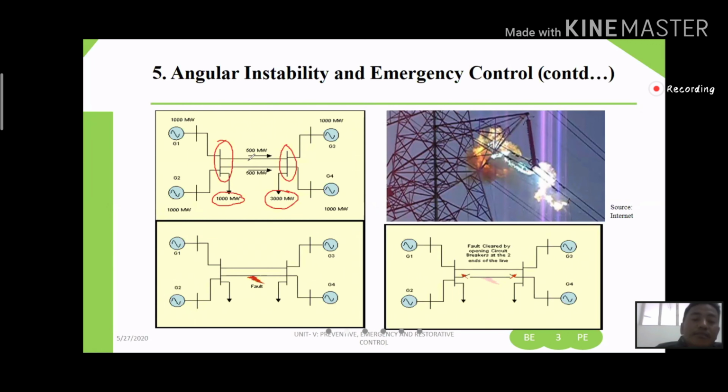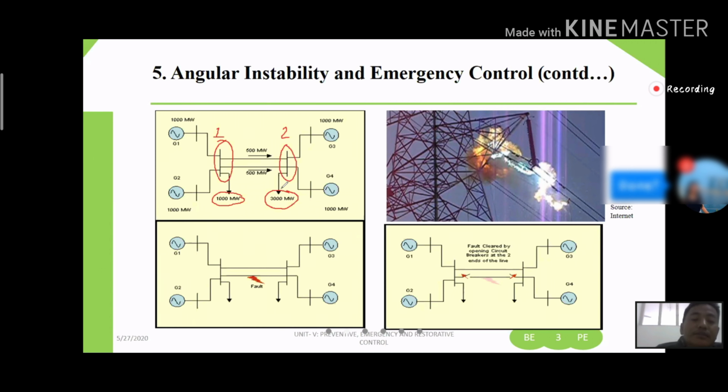Here I have not given bus names, but you can call them bus 1 and bus 2. In bus 1 the load requires 1000 megawatt, and in bus 2 the load requires 3000 megawatt. If you look carefully at bus 1, you require only 1000 megawatt, but generator 1 and generator 2 are connected there, so 2000 megawatt, which means 1000 megawatt is excess.